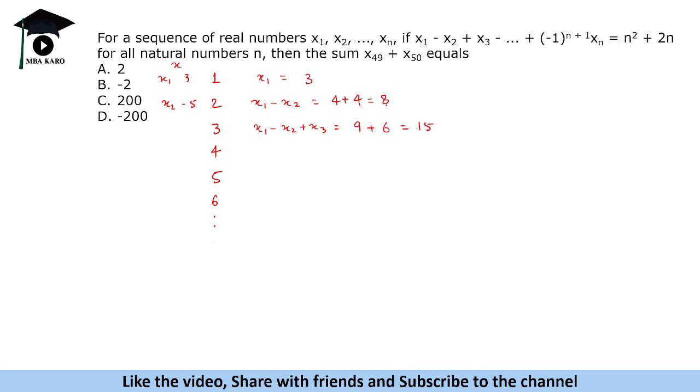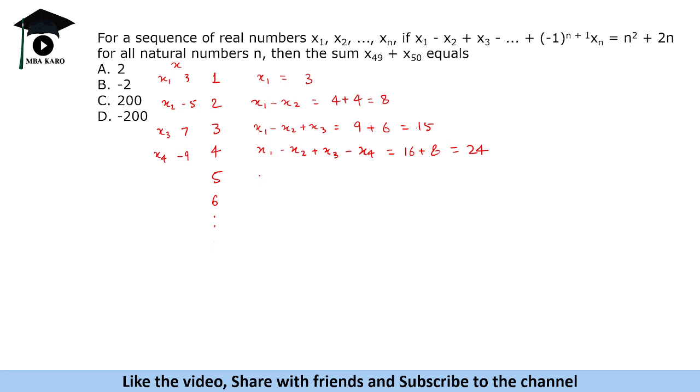We know the sum is 8, so we get x3 as 7. Now x1 minus x2 plus x3 minus x4 equals 4 square is 16 plus 8, that is 24. Okay, so we are saying that this minus x4 is 24. So x4 should be minus 9.